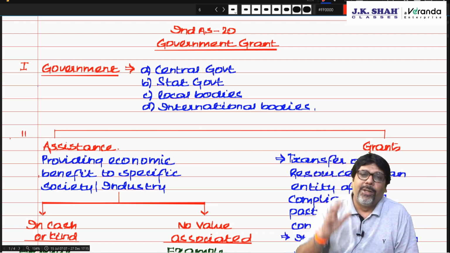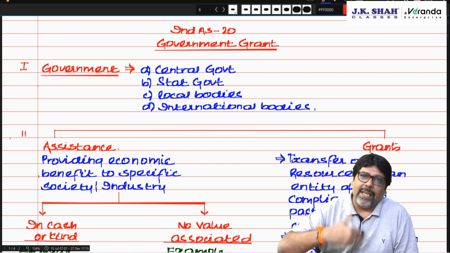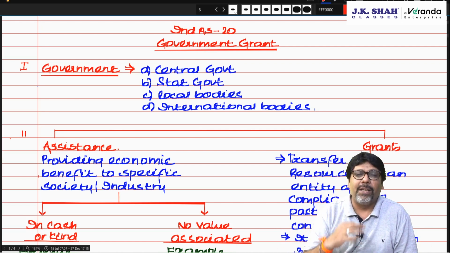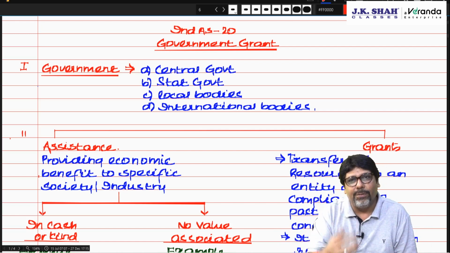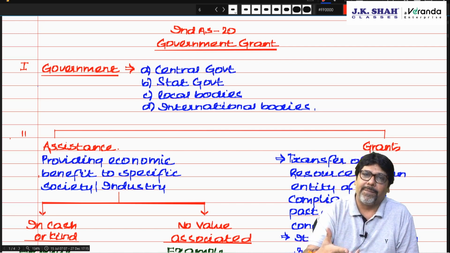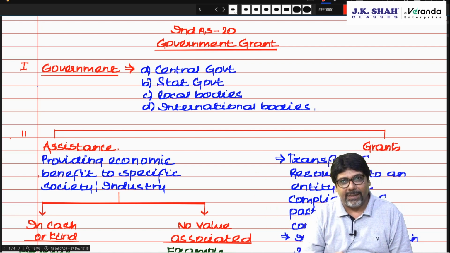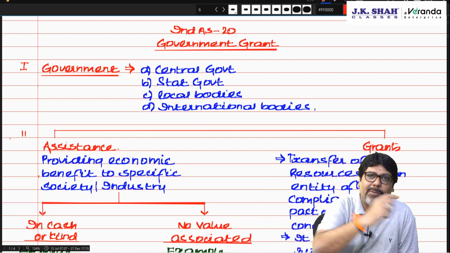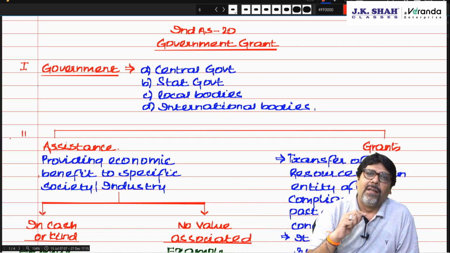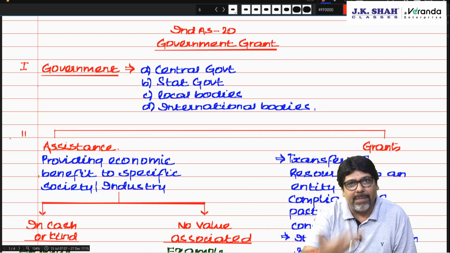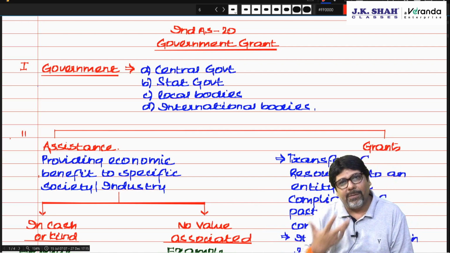Third, I can tell you, you are running an NGO, so government gives you money, and that money should be used for distributing food to the poor. That means you get the money first and then you are supposed to distribute food to the poor, blankets to the poor, or medicine at a cheaper rate, or education to the poor.